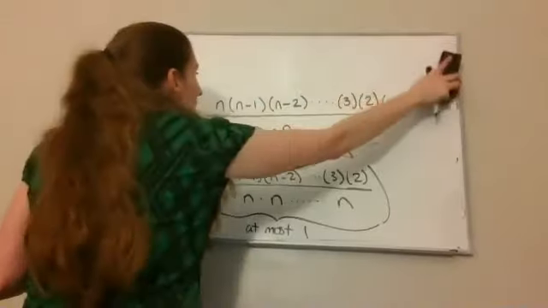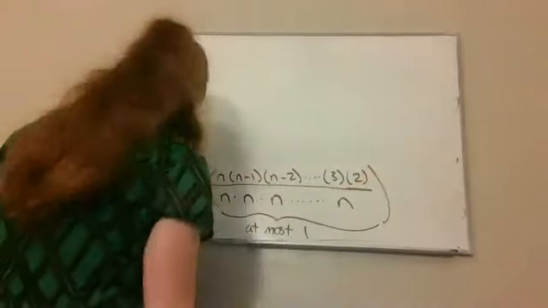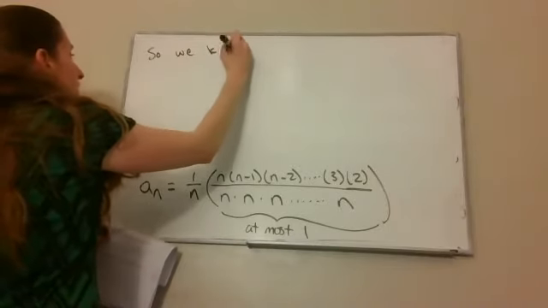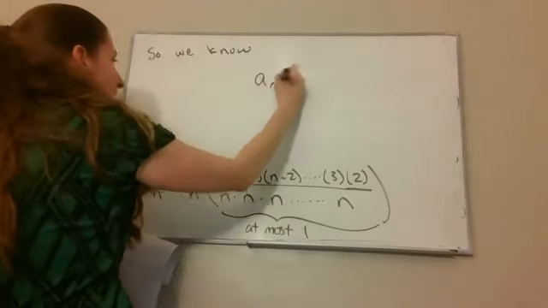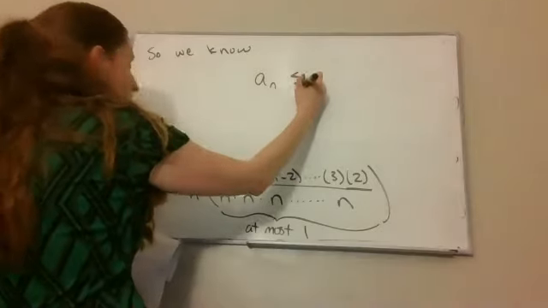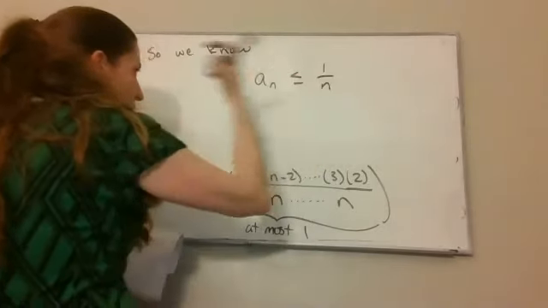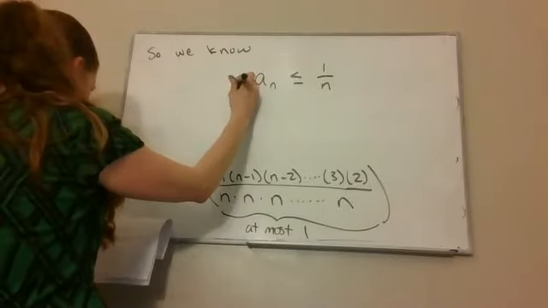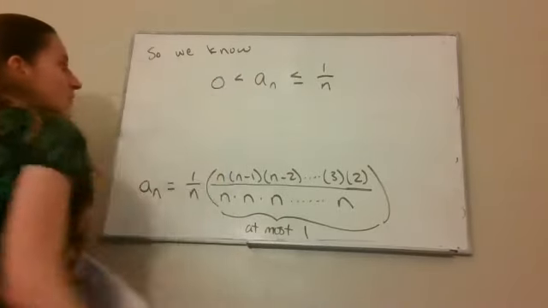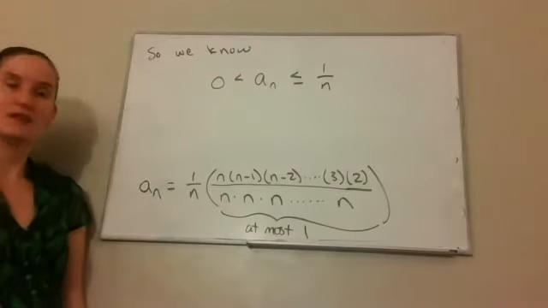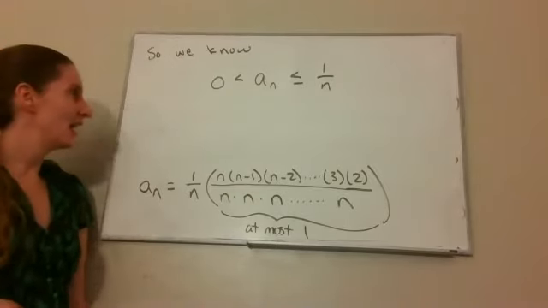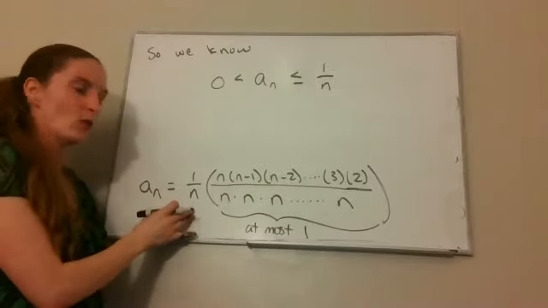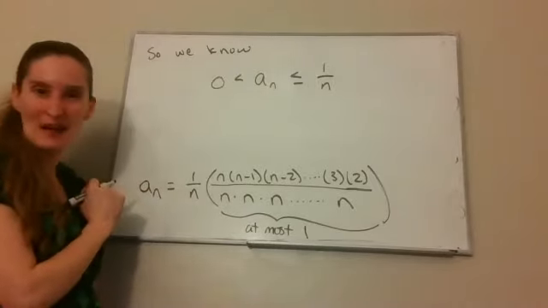And that tells me that this a_n is going to be squished in between 1 over n times 1 and 0. Because I always have a positive number for my a_n, and it's less than or equal to 1 over n, because a_n equals 1 over n times something that's at most 1.